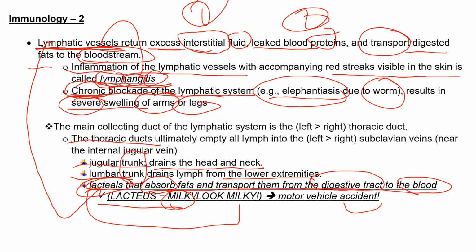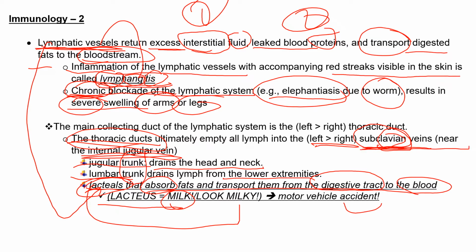So there is a right thoracic duct and there is a left thoracic duct. These thoracic ducts empty their material into the subclavian vein, the vein underneath the clavicle, in the area right next to the neck where the internal jugular vein empties into that subclavian vein.